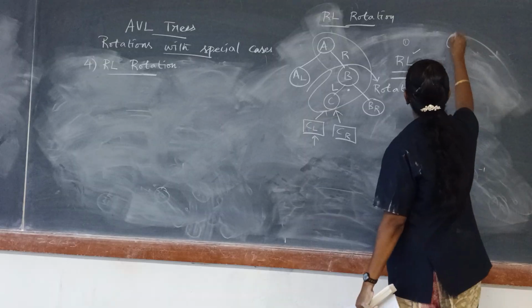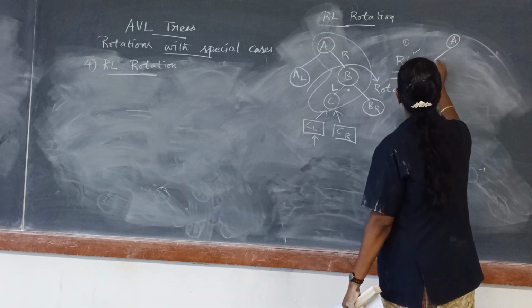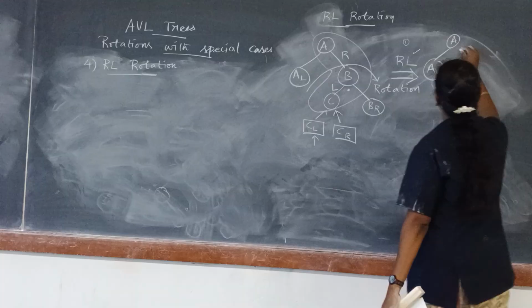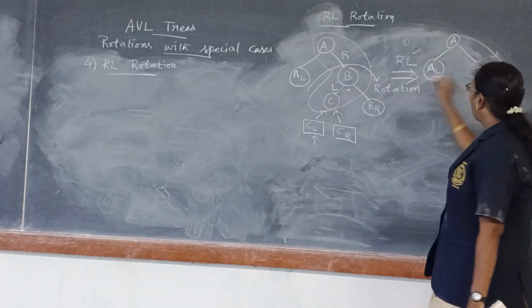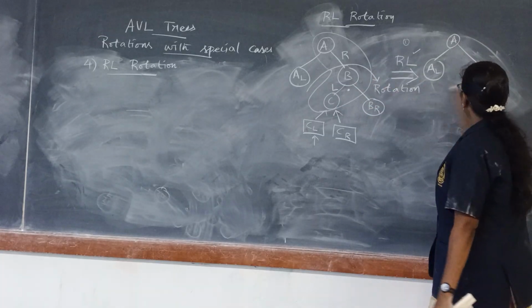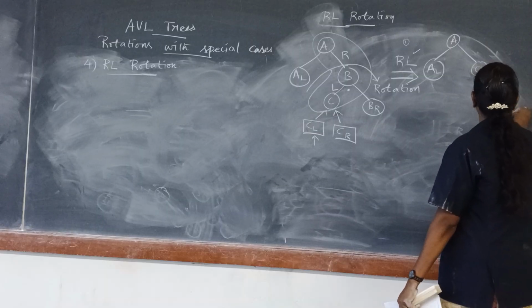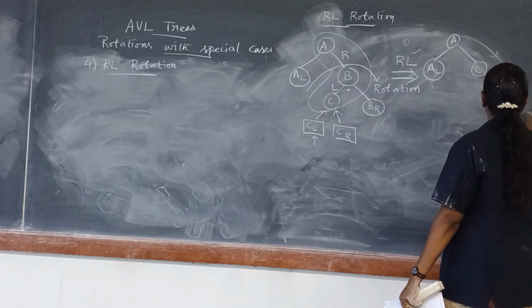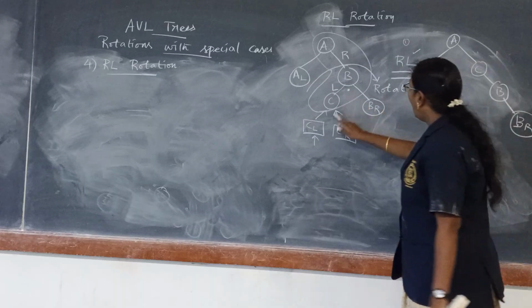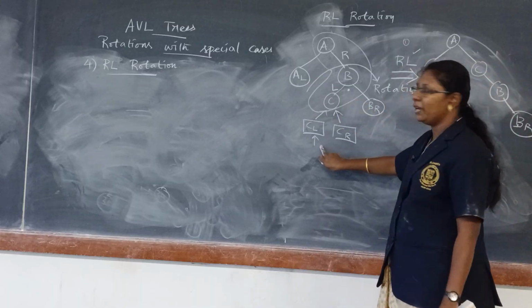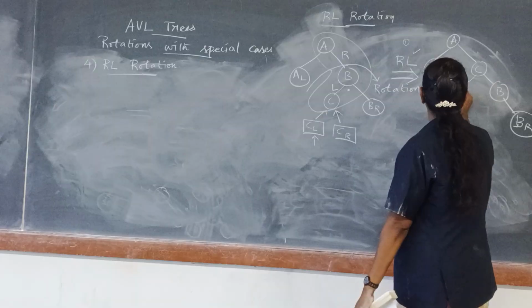So here it is A and here this will be AL, and this C will come to this point. So here C and B will come to this point and BR will be there. And for this C, if I am inserting CL it will come to this point.